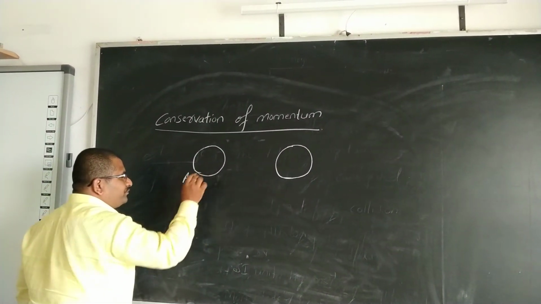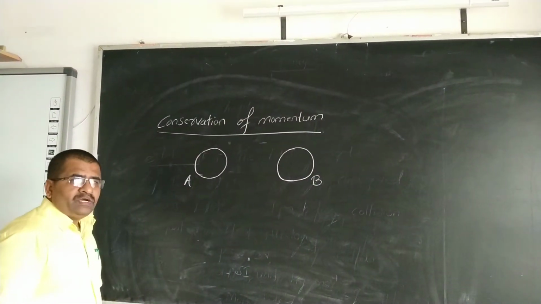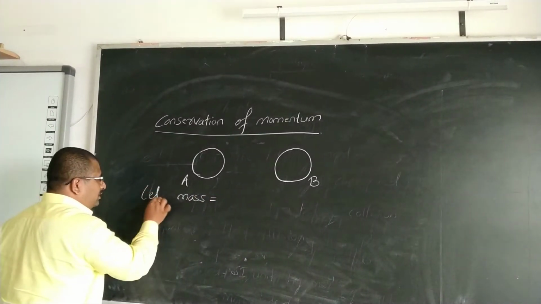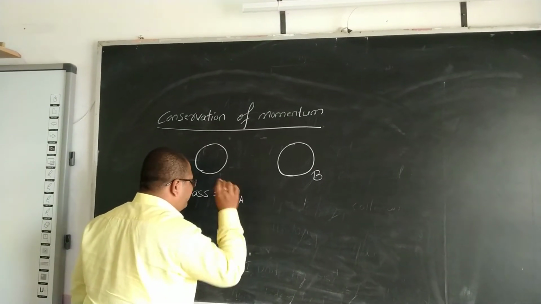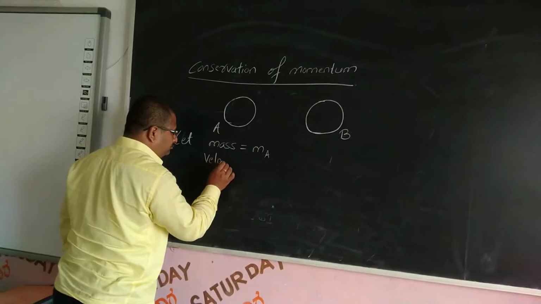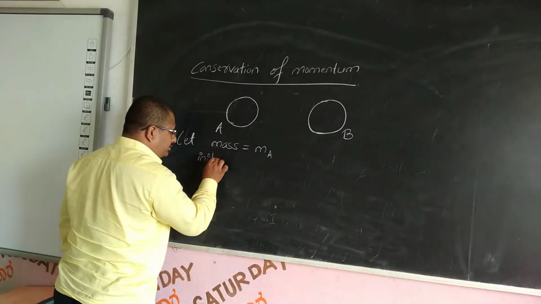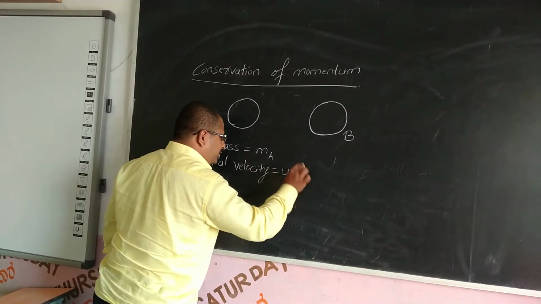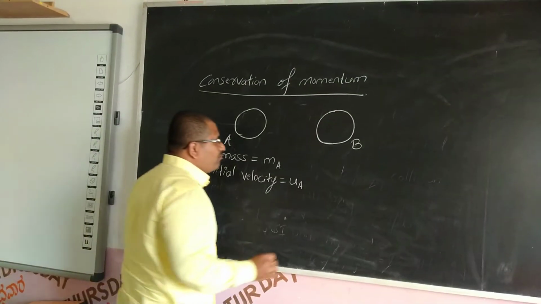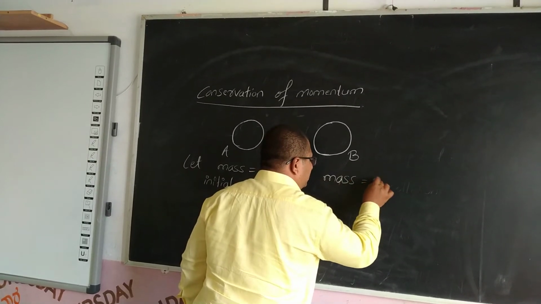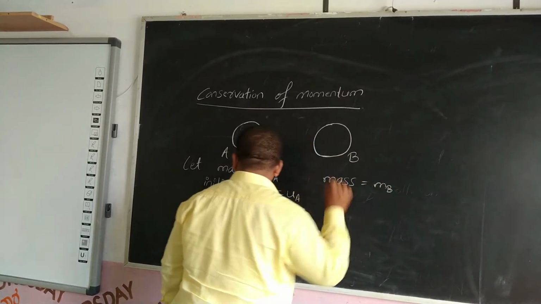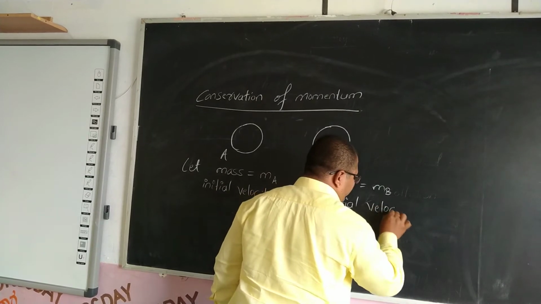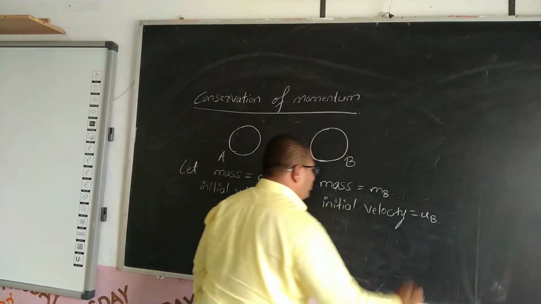This is ball A and this is ball B. Let the mass of ball A be mA, moving with initial velocity uA, and the mass of ball B be mB, moving with initial velocity uB.